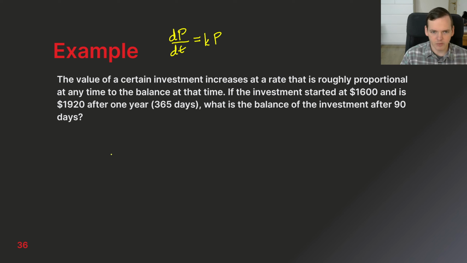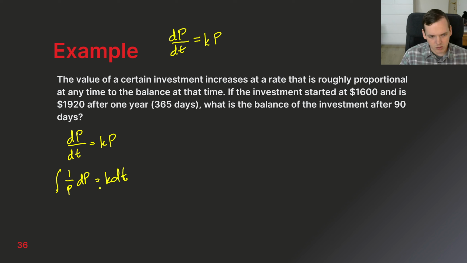And then they give us a bunch of values here. So let's solve that differential equation first. dp by dt equals k, again a proportionality constant, times p. That will give me 1 over p dp is equal to k dt, just algebraically rearranging.